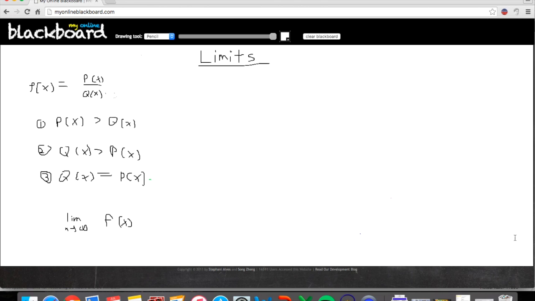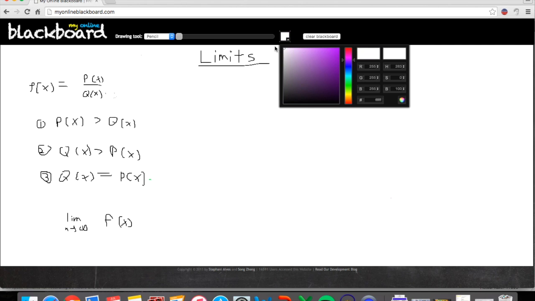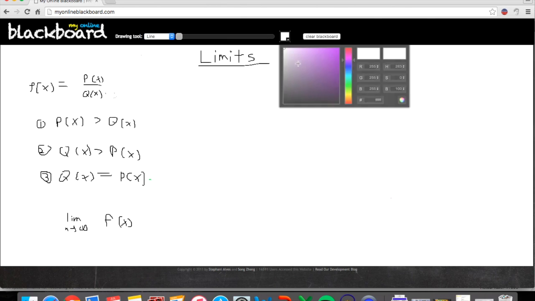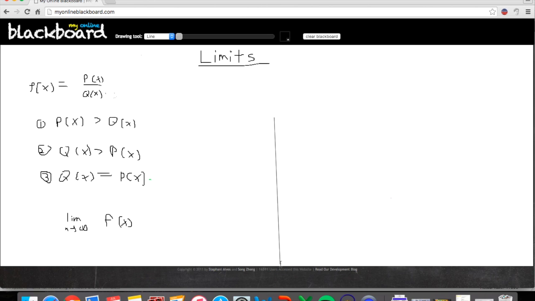Sometimes when you plug it in directly into the equation, what you find is that, I'm gonna use a line for this, when you plug in the numbers directly, you get an undefined answer. However, sometimes that isn't correct for the limit, because the limit is as it approaches that number, not that number specifically. So let's take this example here.